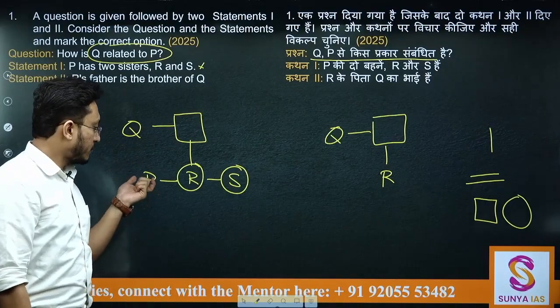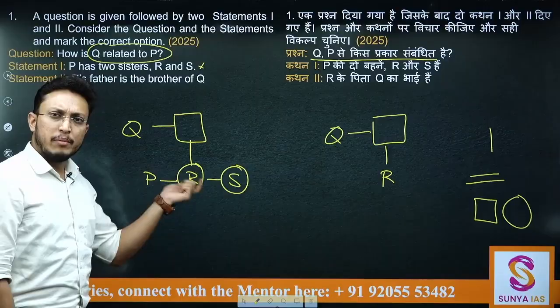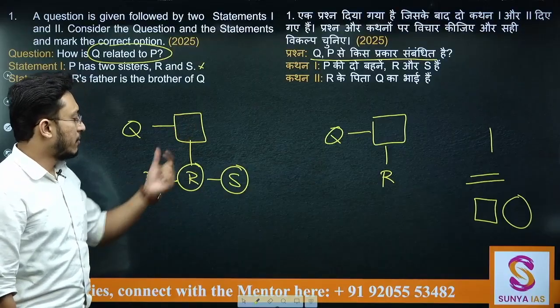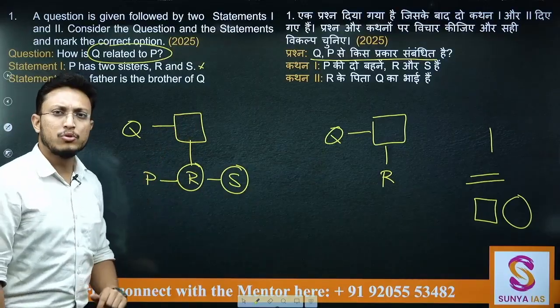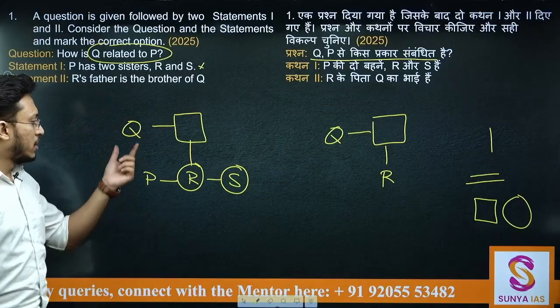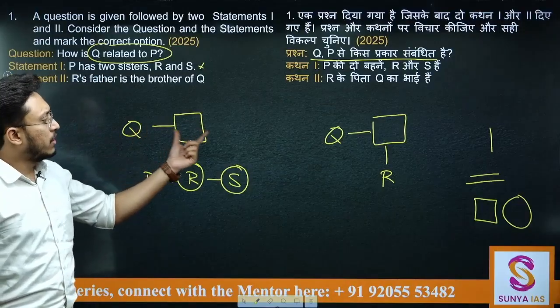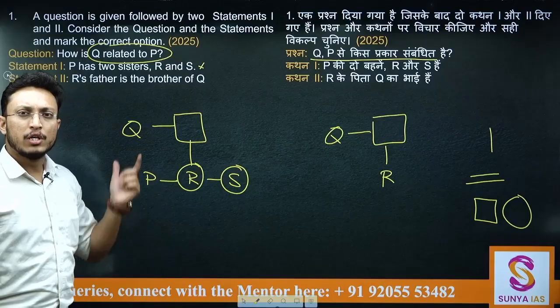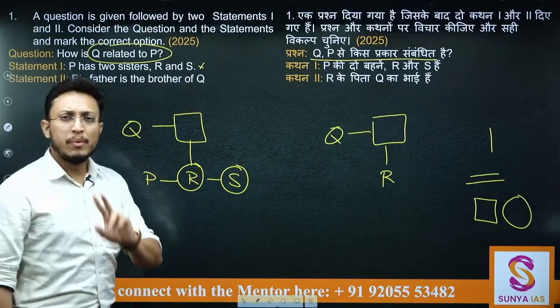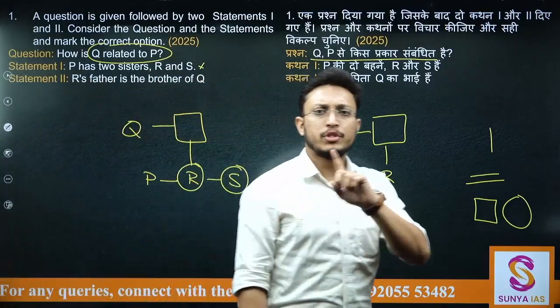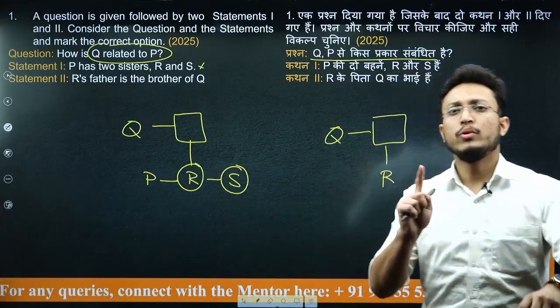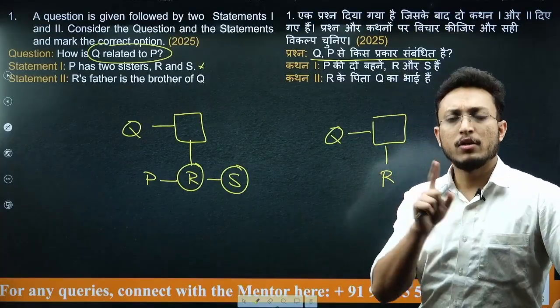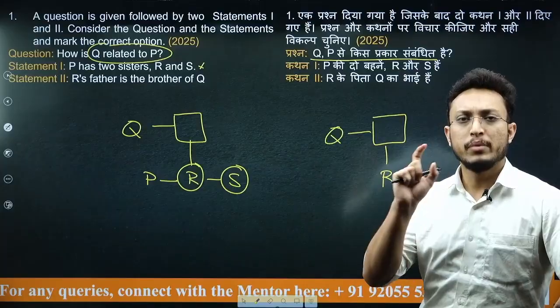Now see, P and R will be siblings. So this is R's father. Can I say this is P's father also? So from here what I can derive is that Q's brother is P's father also. But right now with this given information we don't know whether Q is the sister or the brother of P's father.